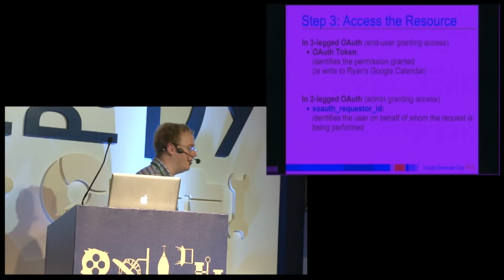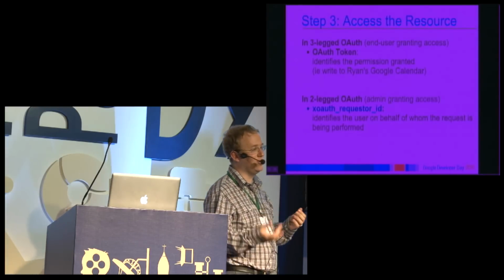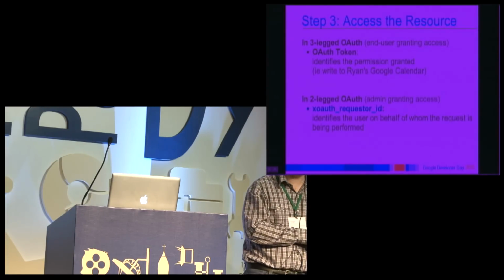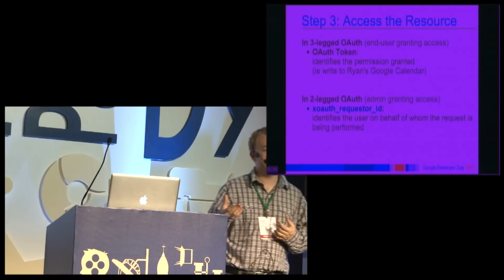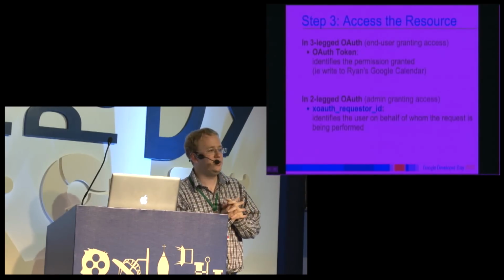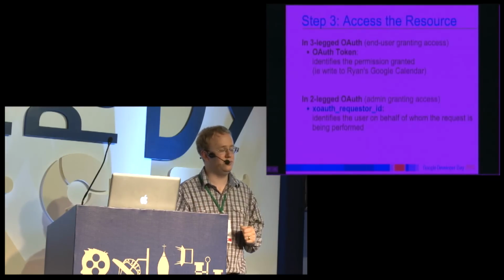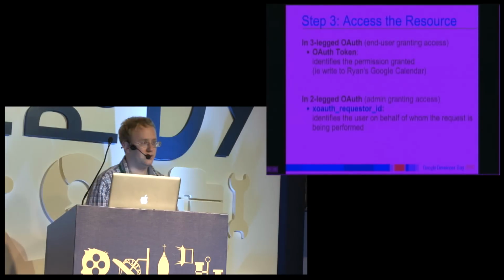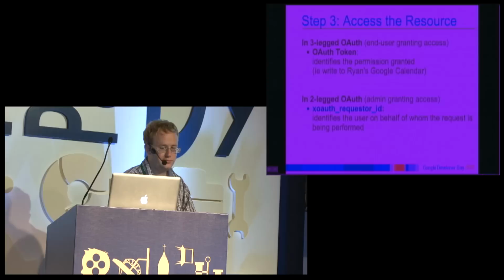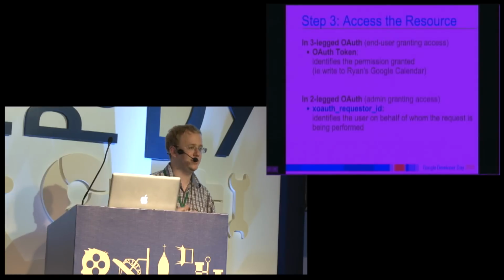In two-legged OAuth, however, because the access has been granted in advance by the administrator, that access is stored server-side. So all the client needs to do is identify itself and prove its identity using that consumer key and consumer secret, signing everything. And then it needs to say on whose behalf it is acting.